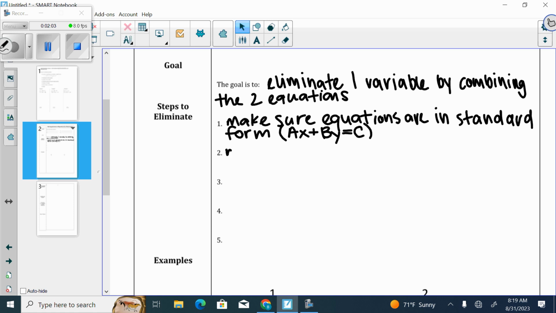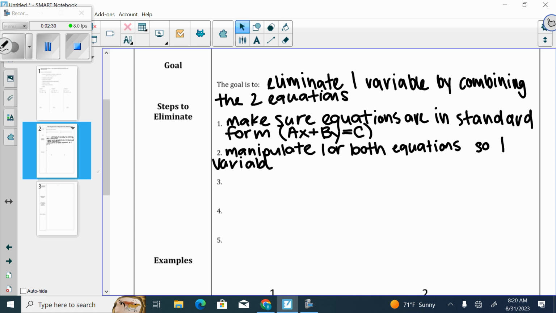So we might have to manipulate one or both equations so one variable has the same coefficient but opposite sign.